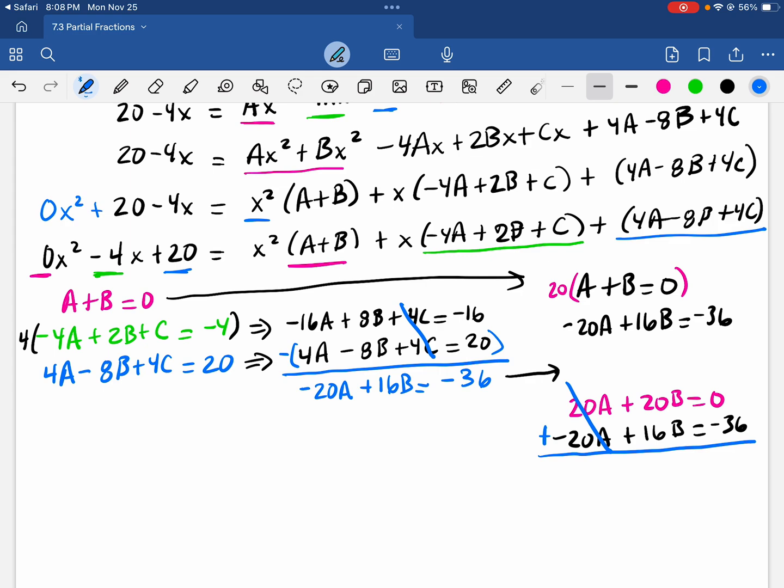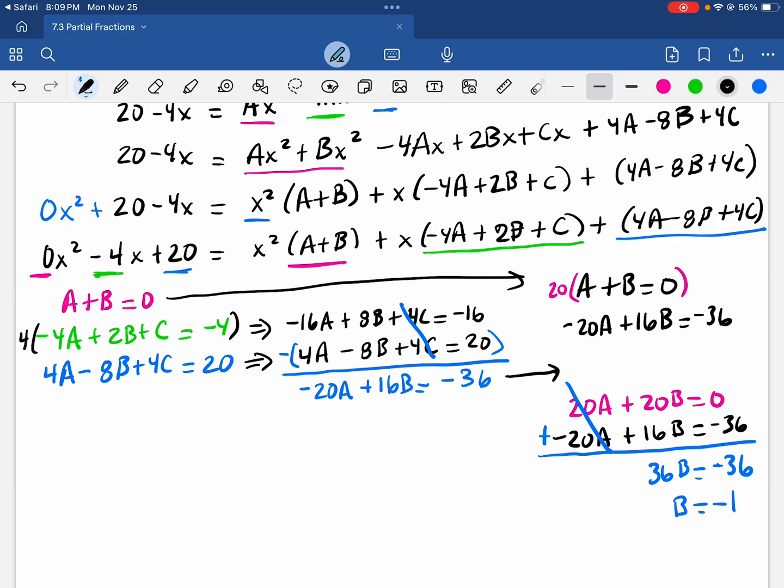They're going to cancel. 20b plus 16b is 36b. 0 plus negative 36 is negative 36. I'll divide by 36 and I get b is negative 1. Okay, so now that's awesome. We've solved for one of our coefficients here, or excuse me, numerators. Now I need to go back and solve for a and c.